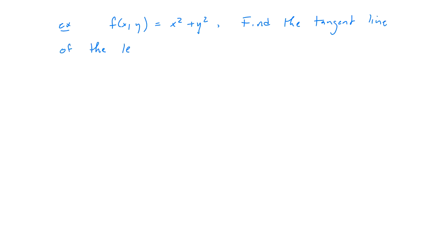So I go back to this, and again I have f of x, y. Start with the really simple one as usual. Let's find the tangent line of the level set through, say, the point 1, 1.